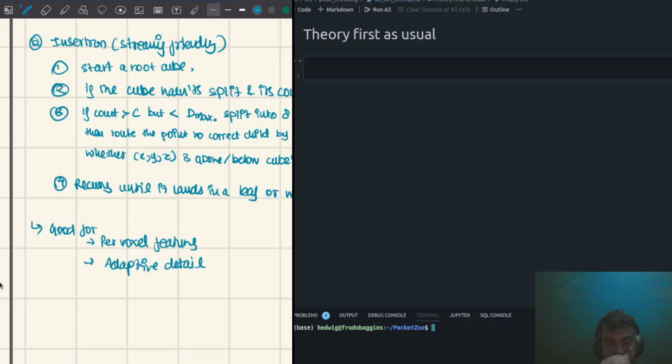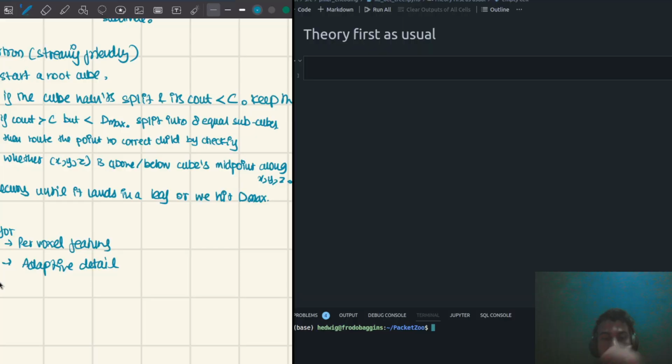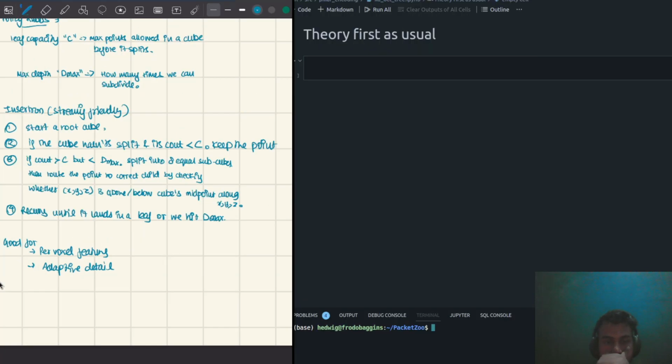Now, each of these spaces could be further subdivided into 4 other smaller components, right? I'm just going to do it on this area here because it's the only one that we really care about for this example. Right?